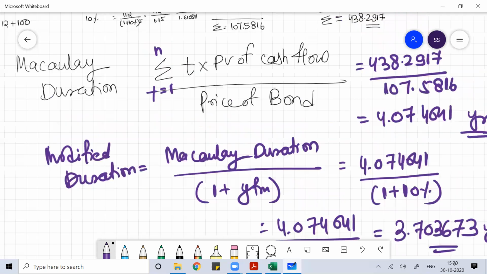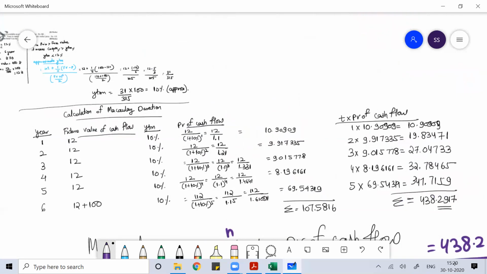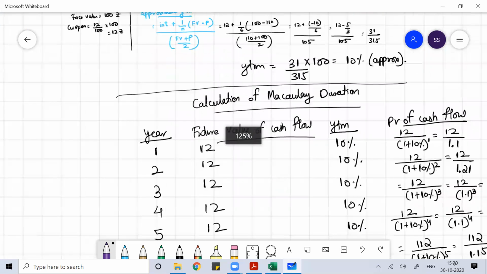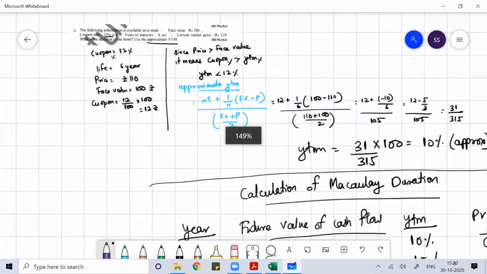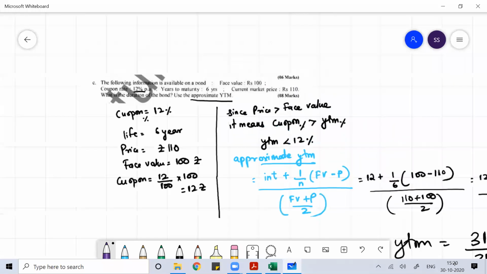Clear? Anyone have any doubt? So this was an 8 marks question which came in the exam.